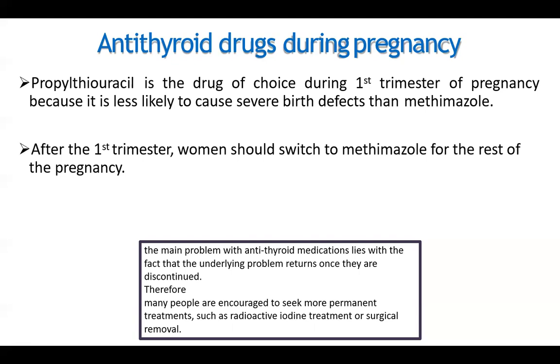And then if I find out that we're going back to square zero, then I have to start a different approach. That's why the surgical approach is not our first approach. Even the radioactive iodine is mainly not our first approach. Our first approach is giving methimazole, carbimazole, propylthiouracil, and then moving on.